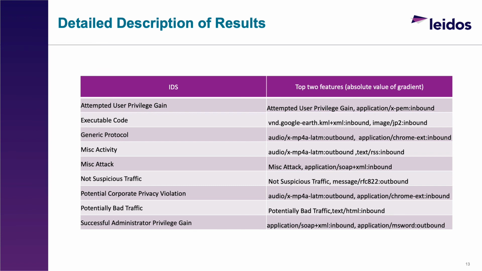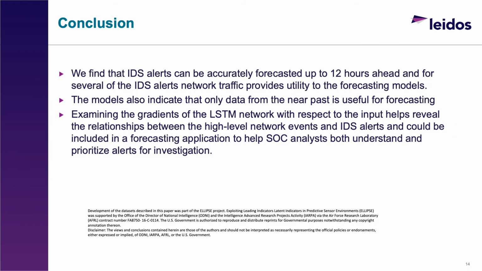So again, these are interesting ways to gain a little more insight into what the models thought was important. This was quick, but in conclusion, some IDS alerts can be accurately forecasted up to 12 hours ahead. Not all, but for most of the IDS alerts that we looked at, the network traffic data was actually useful to the forecasting models.